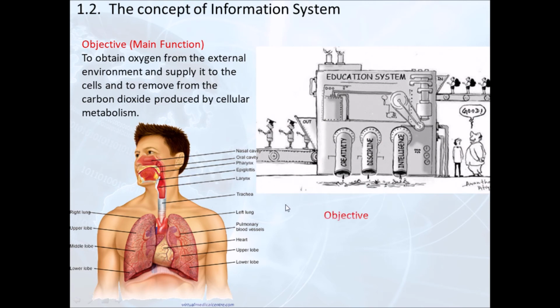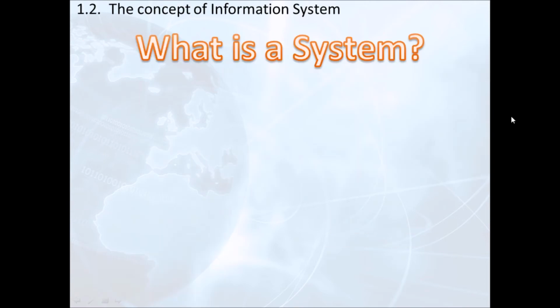It also has an objective to produce responsible, worthwhile, just citizens to the society. So there also there's an input and also there's an output. There's a process in this. This is a natural system. This is an artificial system. It's a man-made system.